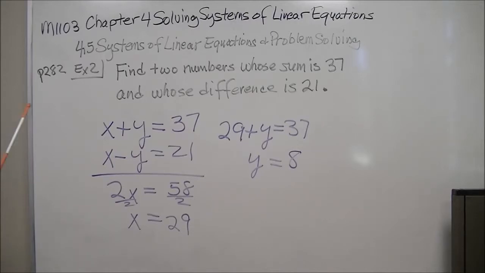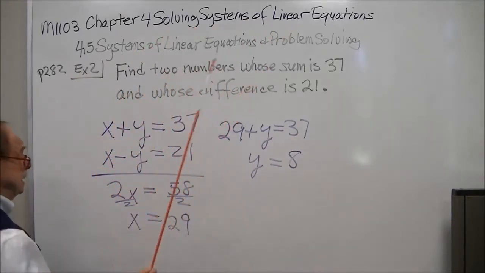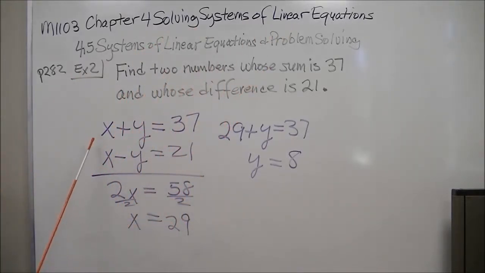Now, check it out. 29 plus 8 is 37. 29 minus 8 is 21. And how did we do it? Well, we use systems of linear equations, and in this case we use the elimination method.